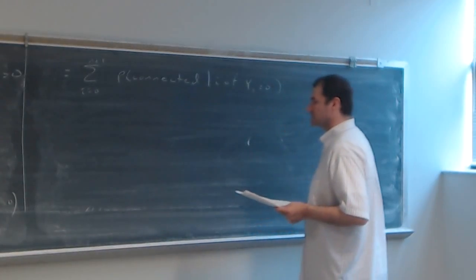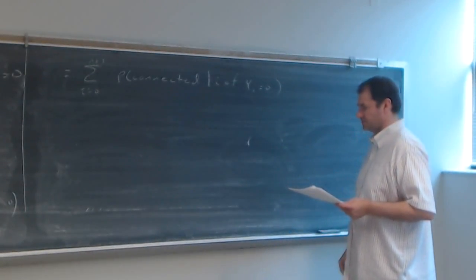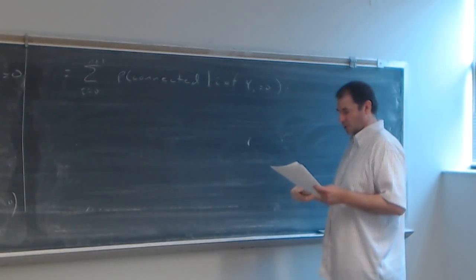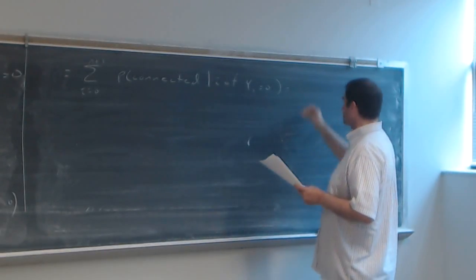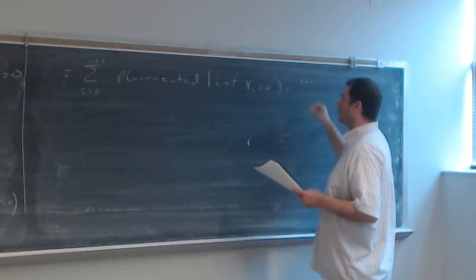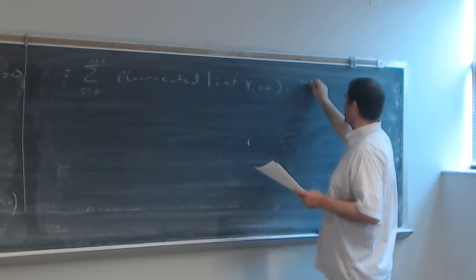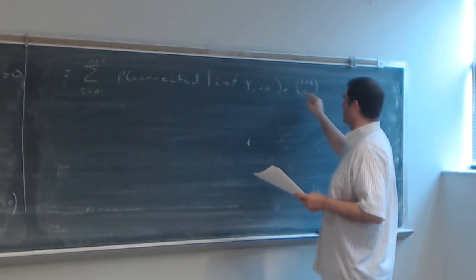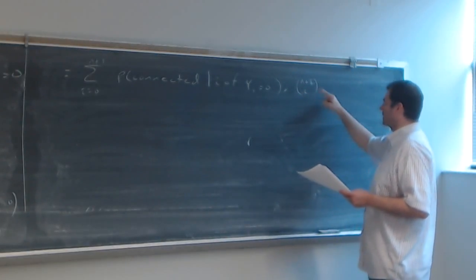And now the probability that exactly I of the y sub j's are equal to 0, we have r equal to n plus 1. That's going to be n plus 1 choose I, so we think of it as a binomial.